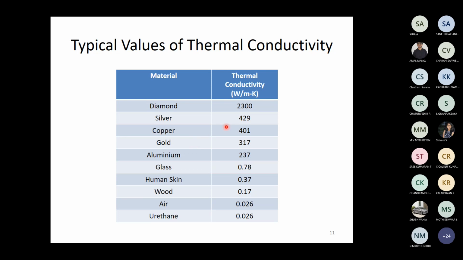Between copper and aluminum, aluminum is more preferred because aluminum is cheaper, and copper is expensive and also heavy. Because of that, you will see a lot of applications using aluminum as a material having good thermal conductivity. And there are also other materials which have a poor thermal conductivity.